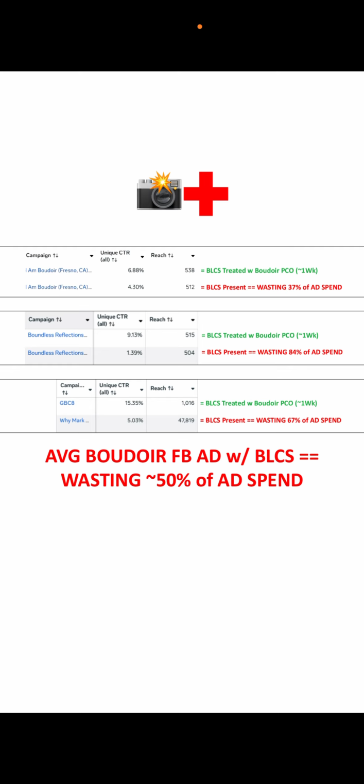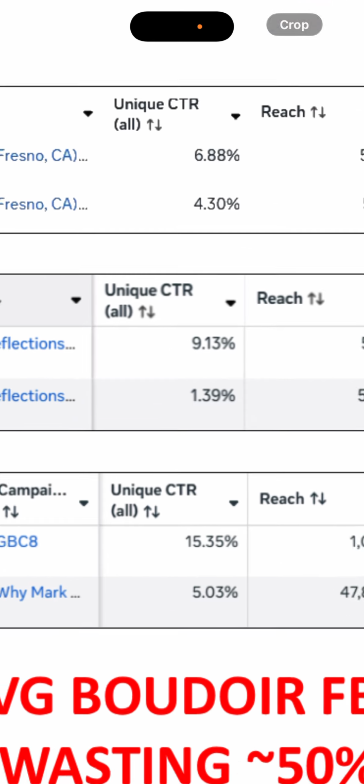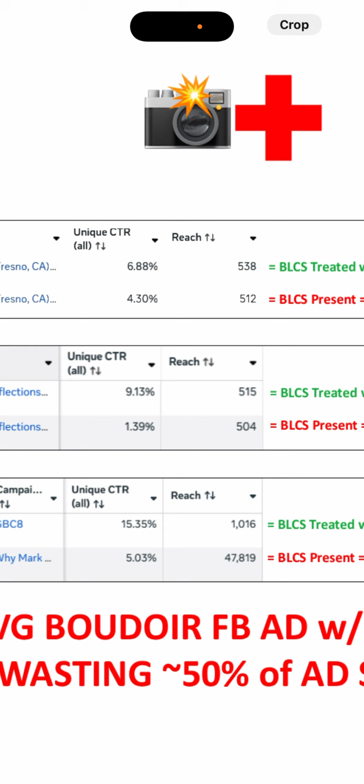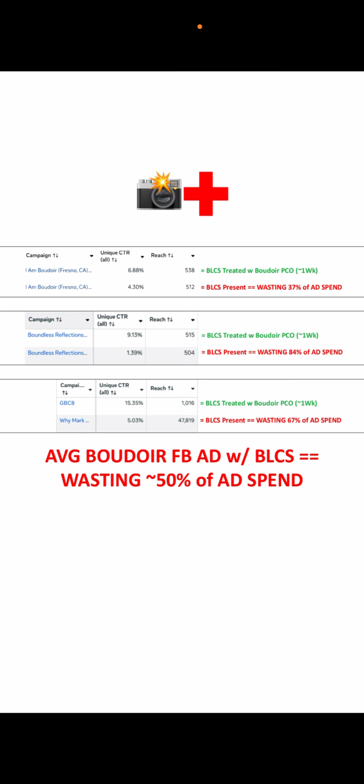Next part of my residency, I went out and found some other Boudoir Facebook ad and tested it: 1.39% unique CTR. So I was like, all right, under 6%, BLCS is present. And then I duplicated it and treated it with Boudoir PICO, which takes about a week, and got it to 9.13%.